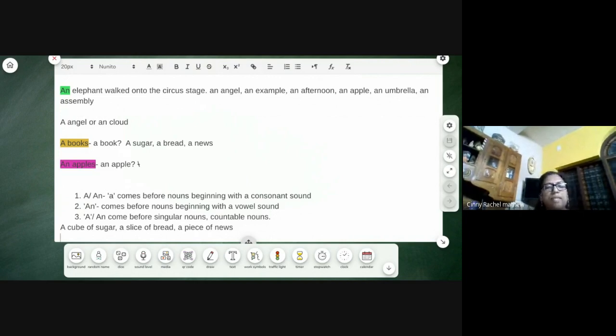For example, let me give you a sentence. I am looking for a man with a good knowledge of English.